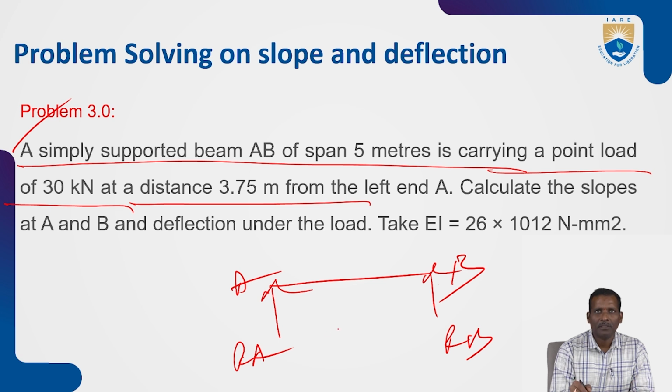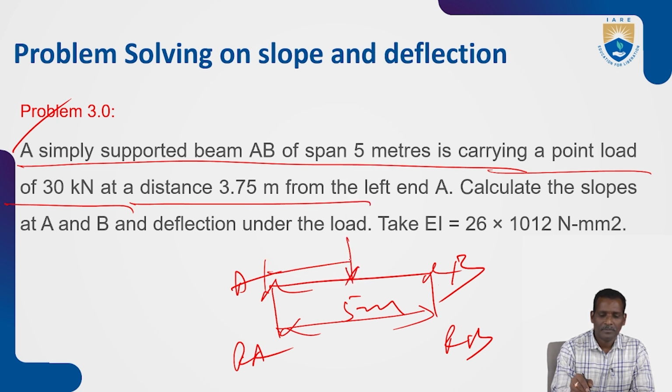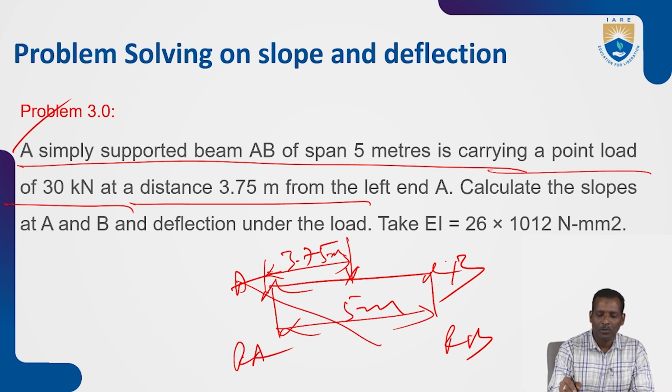The length is 5 meters. In the previous case the point load was exactly at its center, but in this one it is not. The 30 kilonewtons is acting 3.75 meters from the left hand A. Calculate the slopes at A and B, theta A and theta B, and also the deflection under the load.